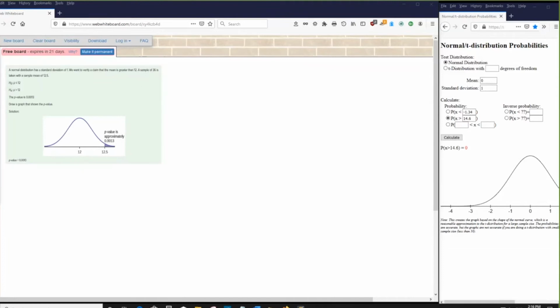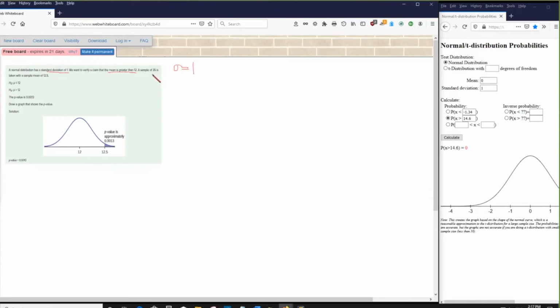A sample of 36 is taken with a sample mean of 12.5. So let's look at what that gives us. We know it's a normal distribution with a standard deviation of 1. We want to verify the claim that the mean is greater than 12.